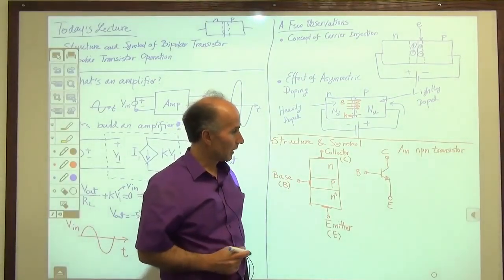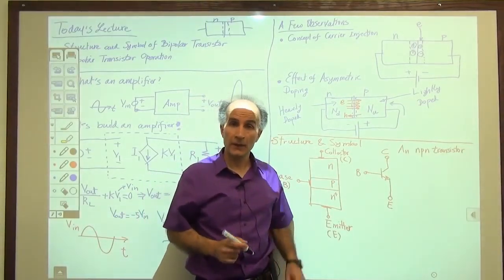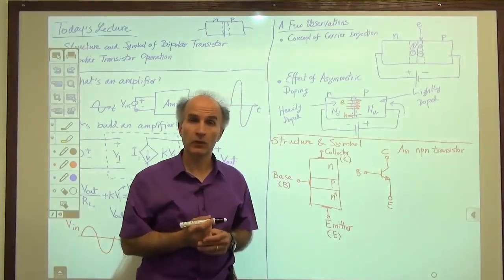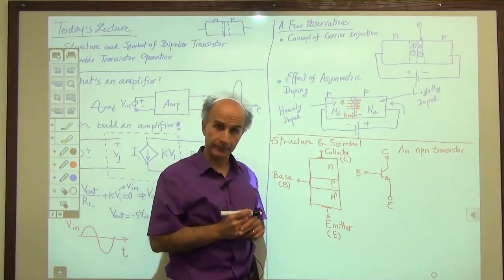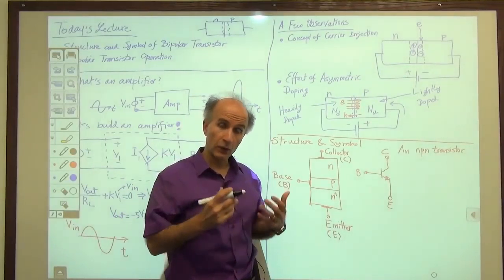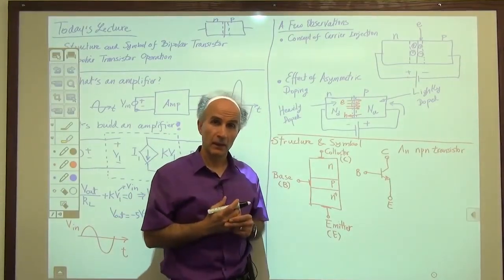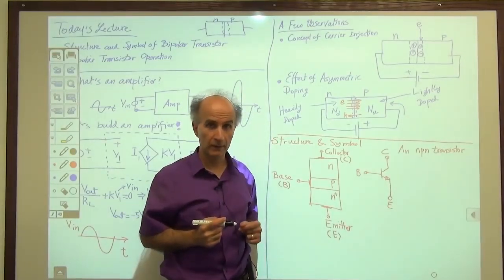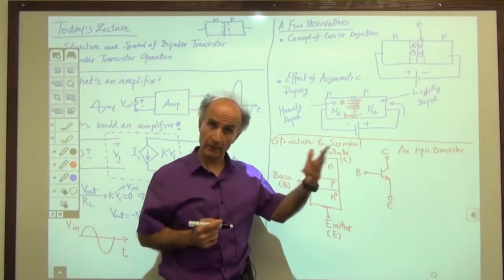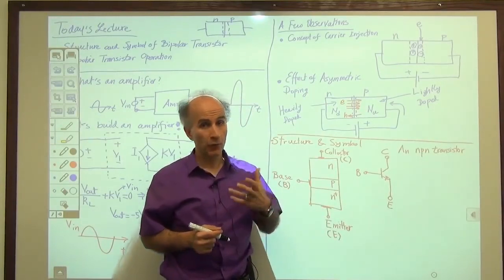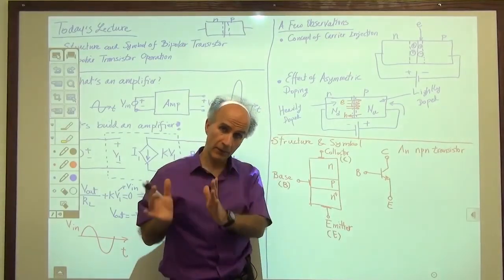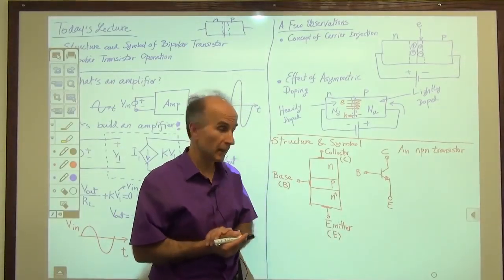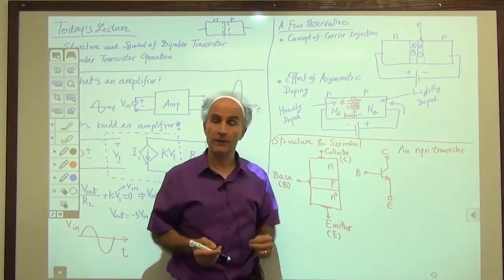All right, so now suddenly the world looks much more overwhelming. We are used to studying circuits that use primarily two-terminal devices. Diodes, resistors, capacitors, inductors. We have transformers, but that's a different story. Now suddenly we have a device with three terminals.